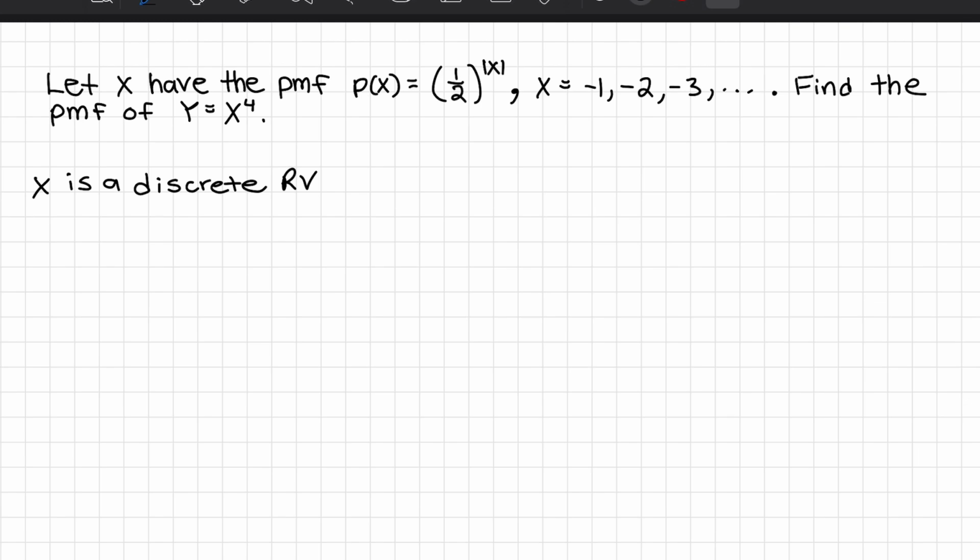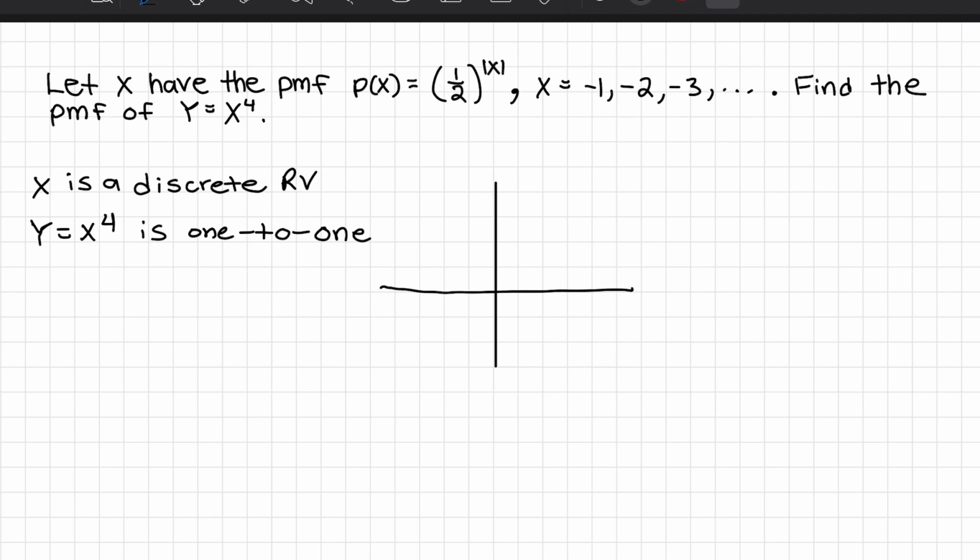Now with discrete random variables, the first thing we want to check is if our transformation is a one-to-one function. Here we need to see if y equals x to the power of 4 is one-to-one. If we look at the graph of this function, it looks like this. And if I draw horizontal lines going through it, the horizontal line intersects with the graph at the same point twice.